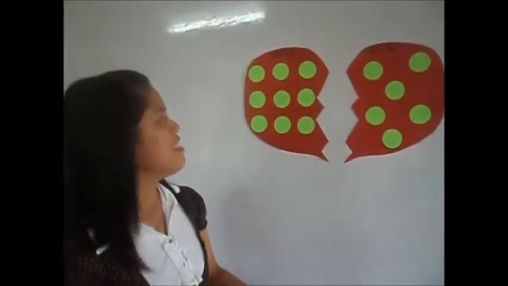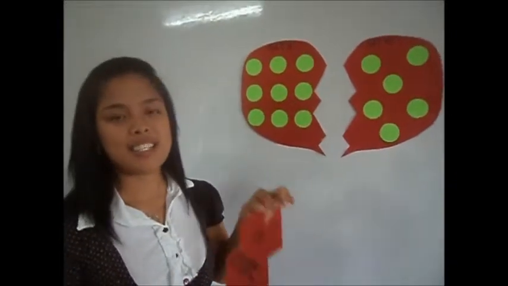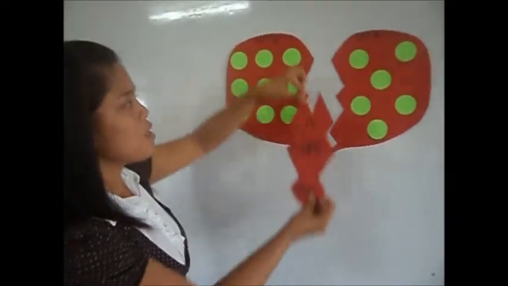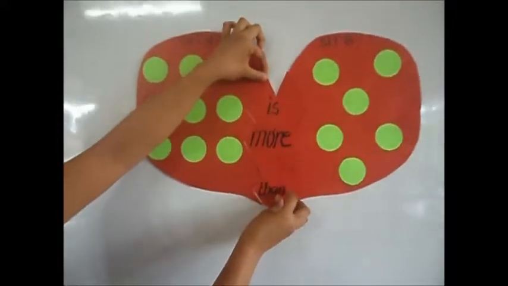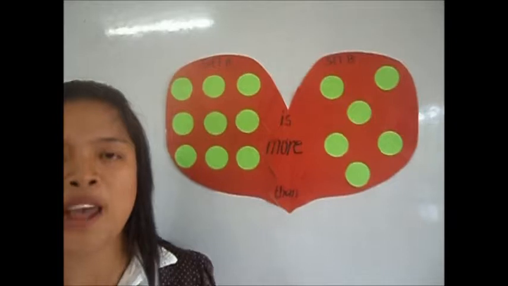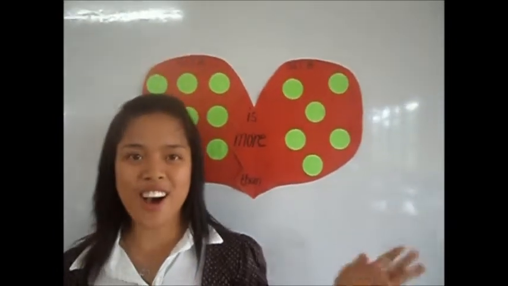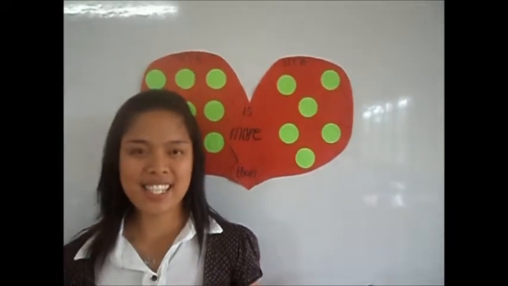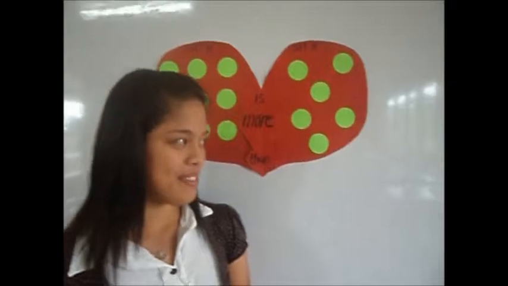Therefore, 9 circles in set A is more than 6 circles in set B. Now, this heart was fixed. Thank you for helping me. Now let's move on to the next problem.